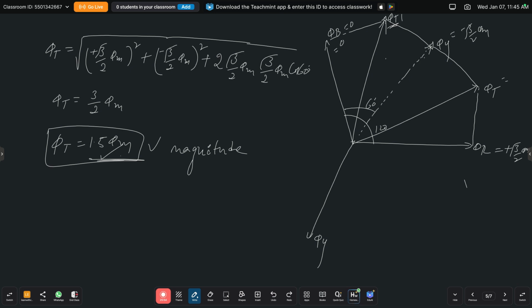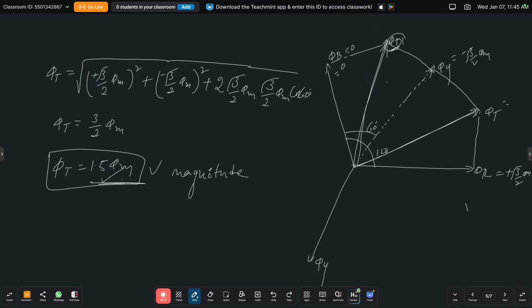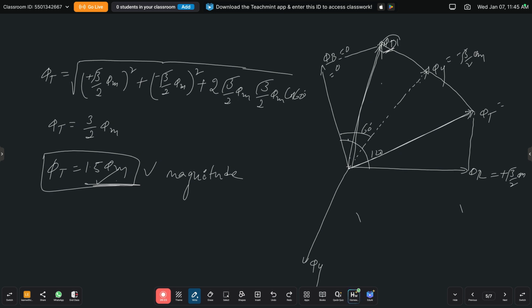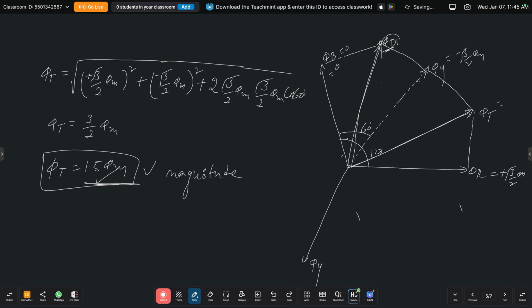See, in the previous case, the total flux phi t was here, the flux position in the first case. Now in the second case, the flux position is this one. Now the flux is rotating from position 1 to position 2, from this position to this position.